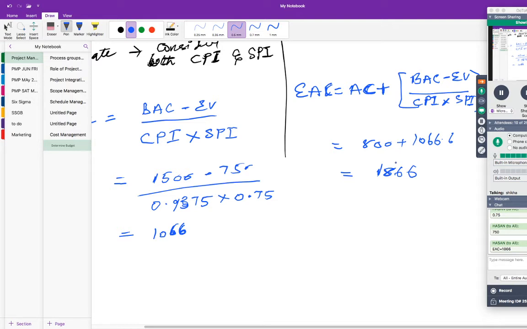It's 0.703125. If you multiply these two, you'll get 0.703125, correct? So if you directly divide 1500 by 0.703125, you get more than 2000, correct?